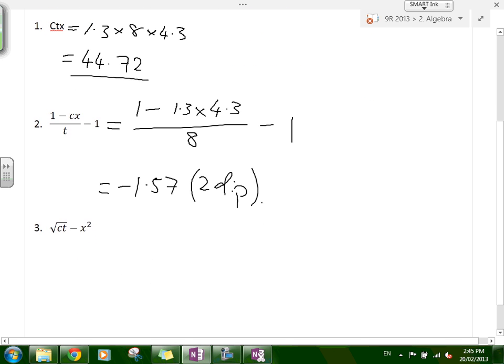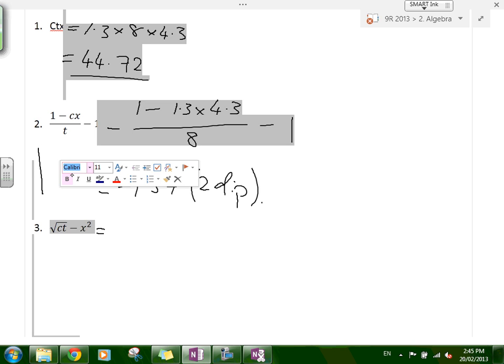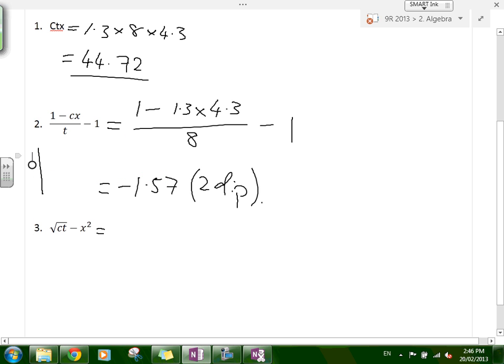Okay, the square root of C times T minus X squared. Right, so if I remind myself what these values are. Okay, so I've got the square root of C, which is 1.3, times T, which is 8, minus X, which is 4.3, squared, equals, what do I get, Sean?